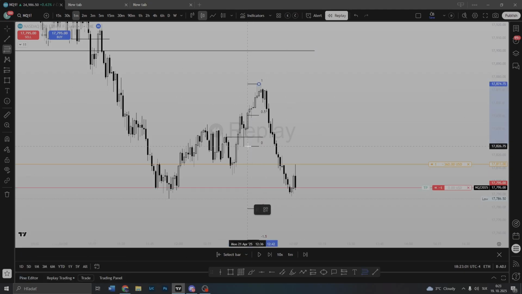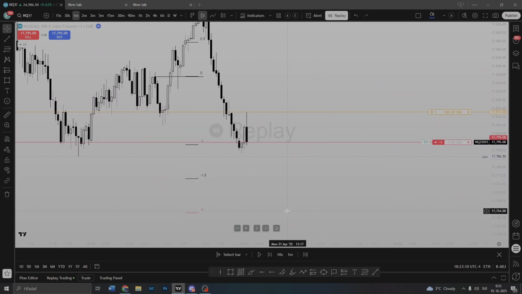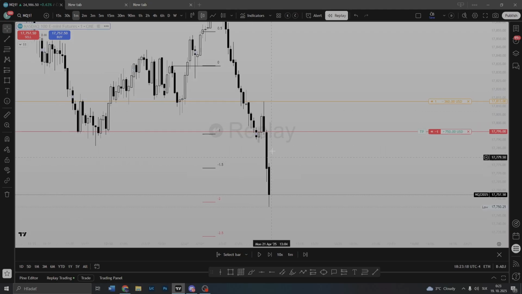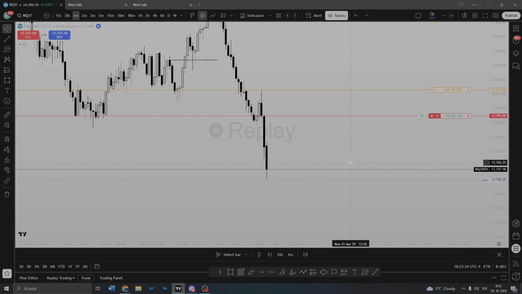But we'll see. I'll take this on low. Okay. Confirmation candle. We are kind of again expanding out of the range. So this should be a bigger move.